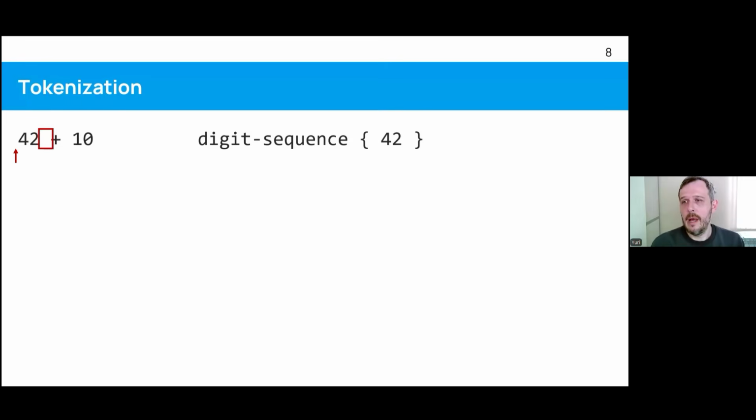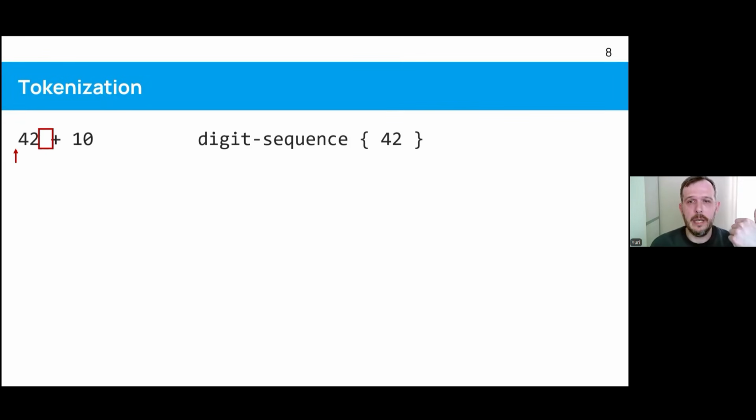So here, as soon as we move to the white space which follows the number, it doesn't have to be a white space. It just has to be something which is not a part of this digit sequence rule. Basically, any separator character.